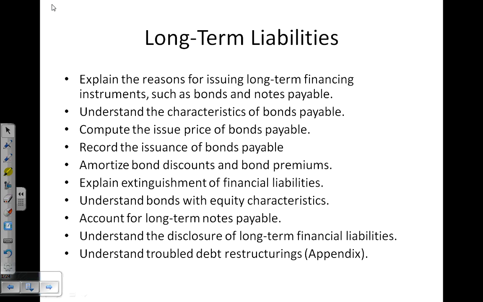One thing, companies are going to make a decision between issuing equity securities or debt securities in order to get the resources necessary to purchase assets. And so when we think about that, why would you want to issue debt versus equity? Some of the reasons we talked about is that debt is cheaper because of the tax deduction.